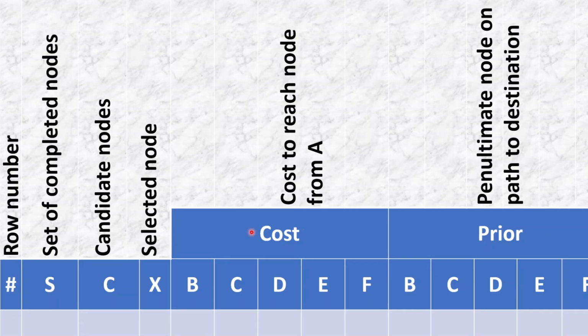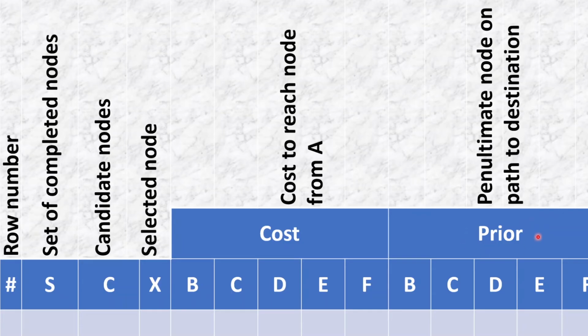In these major columns, we will store the total cost to reach B, C, D, E, and F from A to the best of our knowledge at this point in our calculation. So initially there may be some nodes where we don't even know how to get to them, and there will be no cost associated with them, but over time we will be able to reach them and we will have a cost, but that cost may decrease up to the point where we add that node to S, and that will never change again.